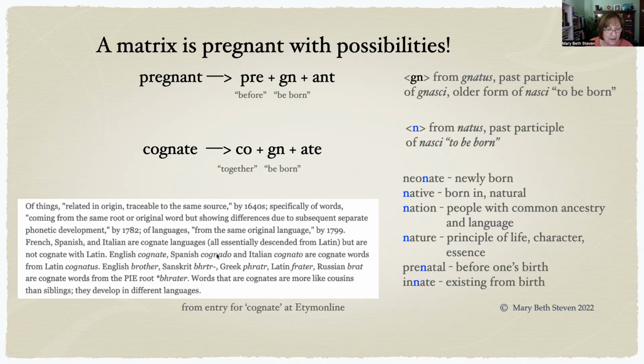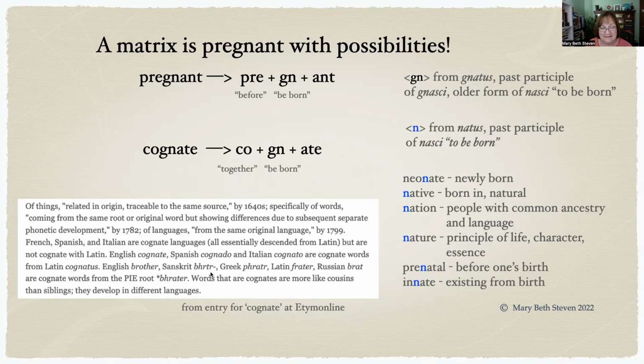An example of words that are cognate: English cognate, Spanish, I think it would be cognato, Italian cognato, are cognate words from Latin cognatus. Here's another example: English brother, Sanskrit, I don't know how to pronounce that, bhrātṛ. I always tell my students, if you're reading at Etymonline and you're not sure about a pronunciation, spell it.